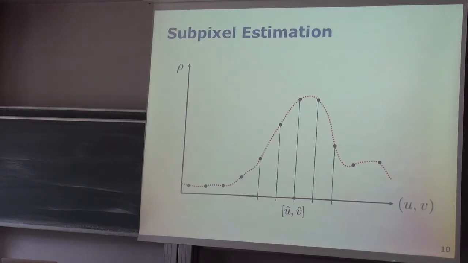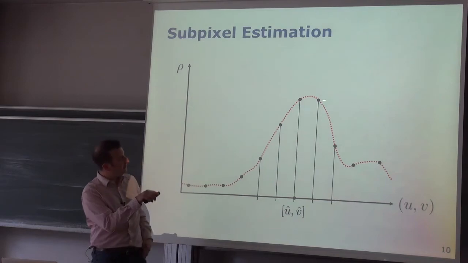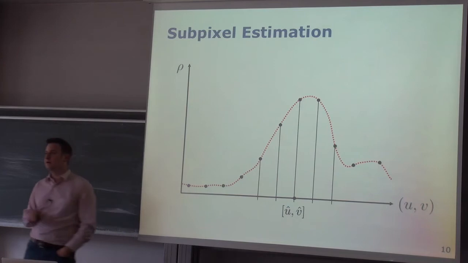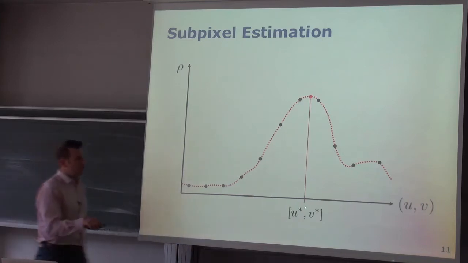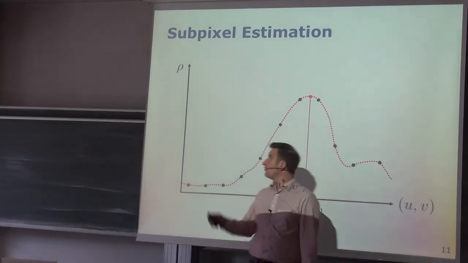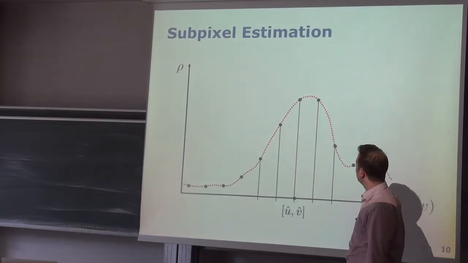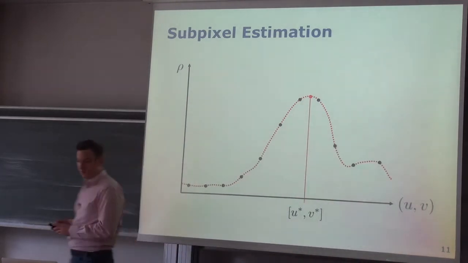For example, like this one. See, the red function now is a smooth function through those black dots over here. And if we look at this function, we can say, okay, here's a value which is slightly larger than the solution that I had. So the goal today is to refine this solution, which is the output of the cross-correlation method, to a new nearby location so that the function value that we have here is higher than the one I had before. Okay? So this is the goal that we have.